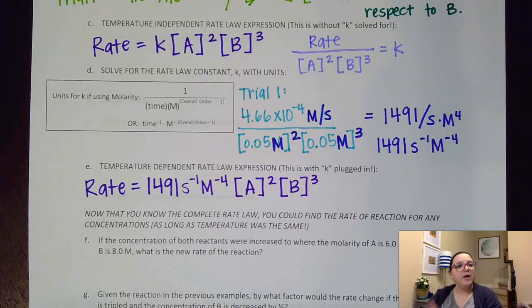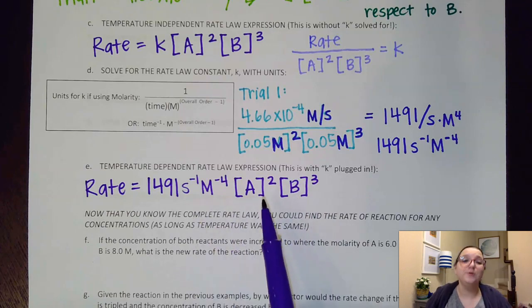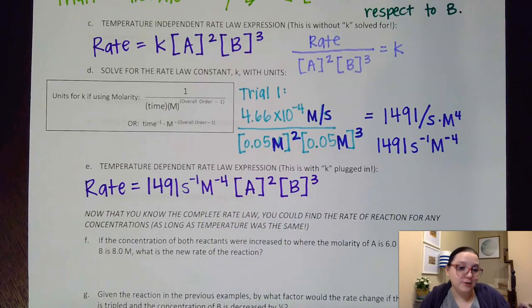And so now, as long as I ran my reaction at the same temperature, I could plug in whatever values of A and B I wanted to and figure out what my rate should be.